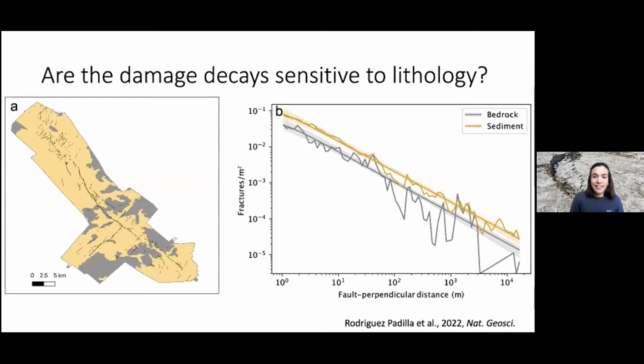But with that aside, we find that fracture density in sediment is typically 1.5 to 4 times higher than that of bedrock at a given distance from the fault. And the decays are actually quite comparable. Again, the reduced fracture density in bedrock may reflect the greater cohesion of that material versus sediment. But we still think that the similar decay exponents support that the mechanism responsible for the nucleation of fractures operates under the same stress conditions irrespective of material.